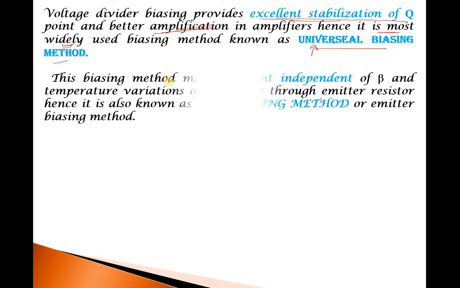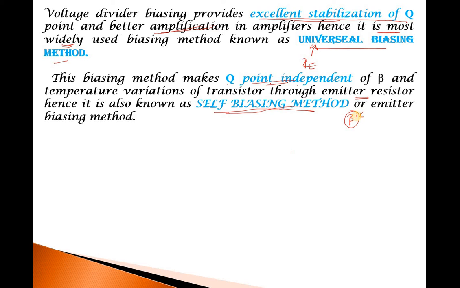Now, this biasing method makes the Q point independent, automatically, with the help of the resistor RE, that is the emitter resistor. It is also known as self-biasing method. That means even if you change the transistor, even if the beta value changes, that doesn't make the Q point shift anywhere.